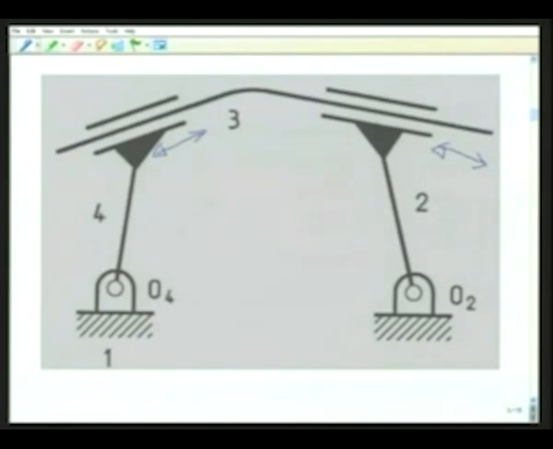I cannot move link 3 without transferring motion to links 2 and 4. So here n is 4, j is 4 as we obtained earlier, and F, which is 3 times (n minus 1) minus 2j, is again 3 into 3 minus 2 into 4, which is 1.